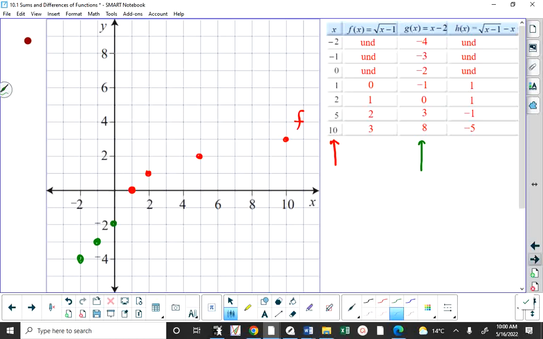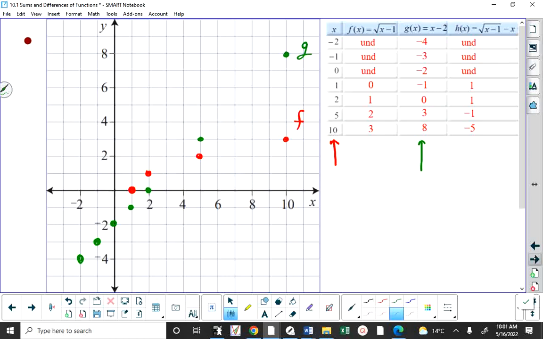It's going to be a straight line, of course. Then 1, negative 1. 2 comma 0. Then we jump to 5 comma 3. And 10 comma 8. And again, you could take a ruler and draw that, but I really don't care.